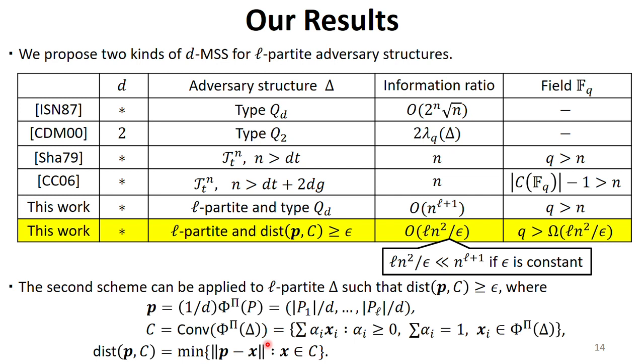So delta has to satisfy this geometric condition, which is a stronger assumption than type QD. But this scheme achieves better information ratio than the first scheme if epsilon is not very small or constant, for example.